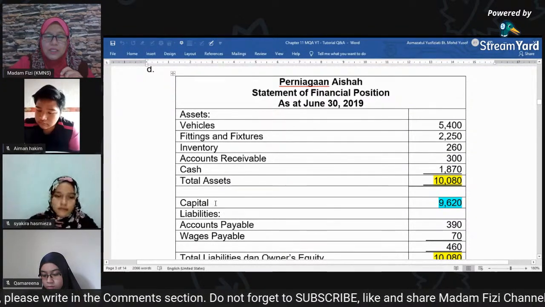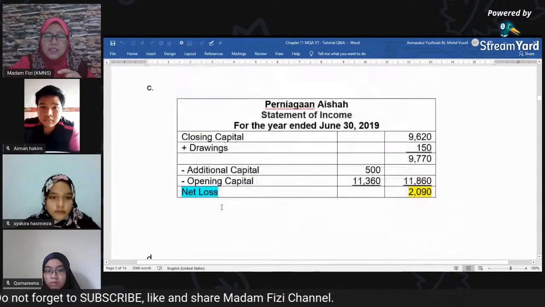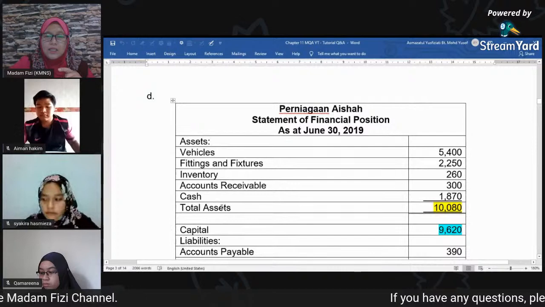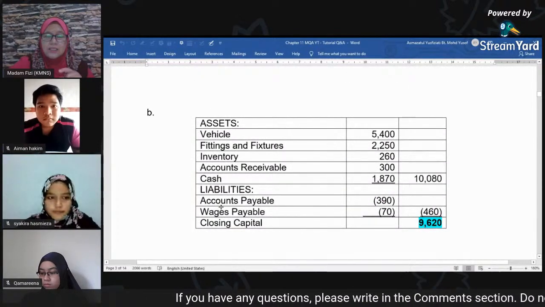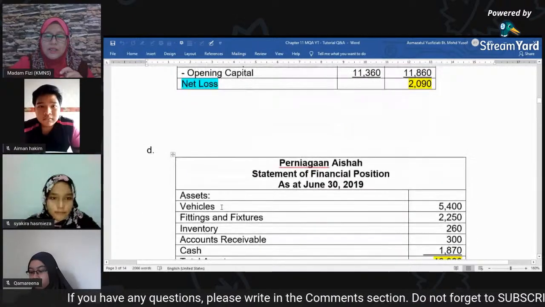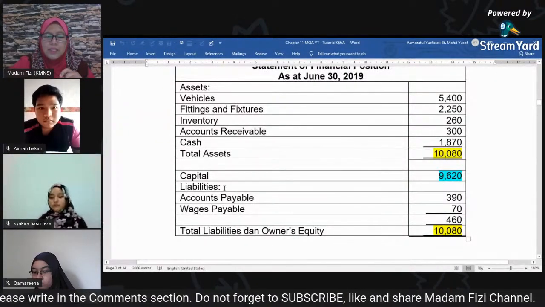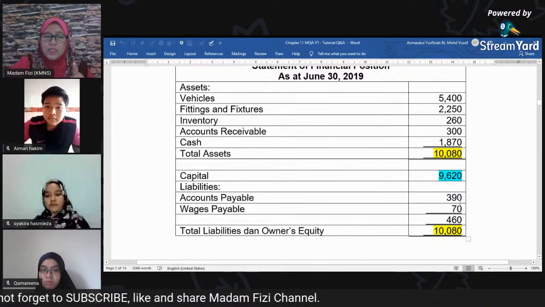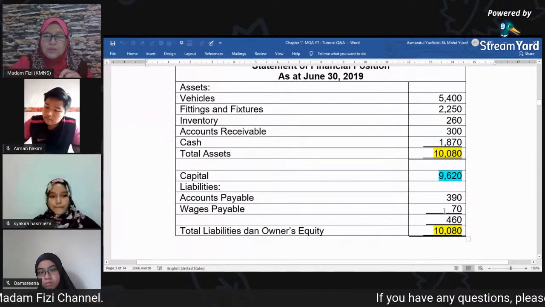Now capital, you just calculated in question B. That is the closing capital, 9,620. And liabilities also you get from the question. That is the closing liabilities, that is accounts payable and wages payable.